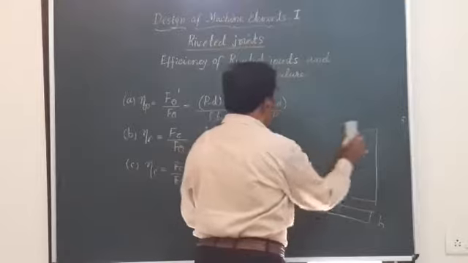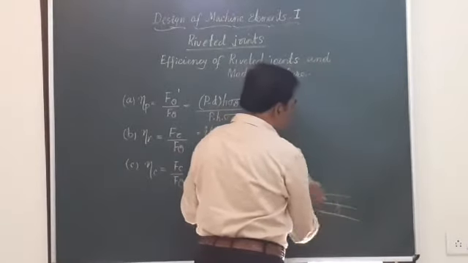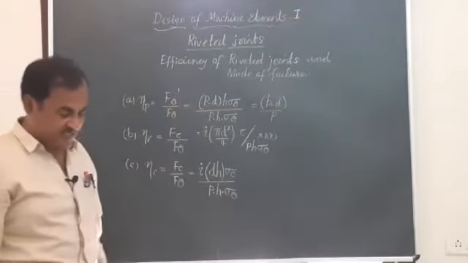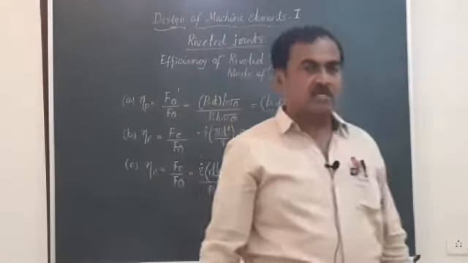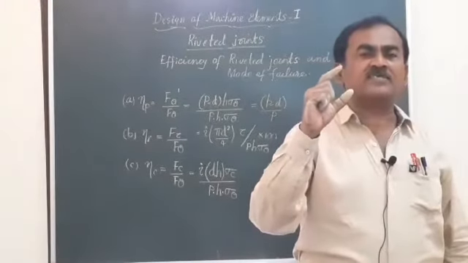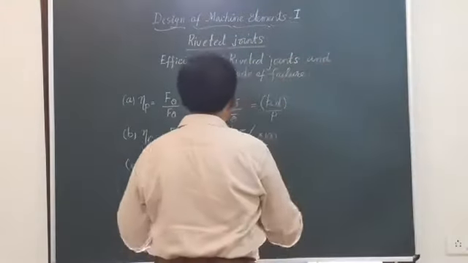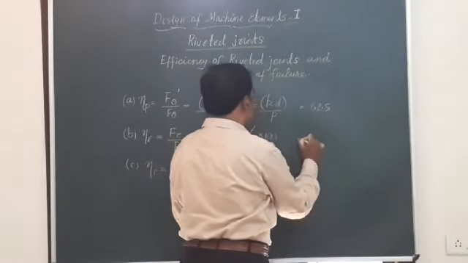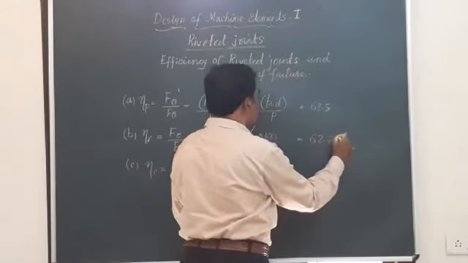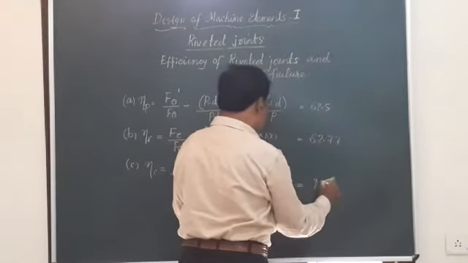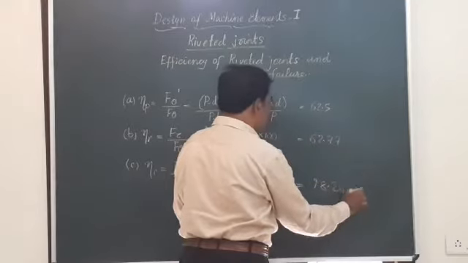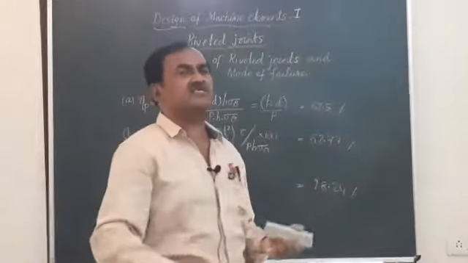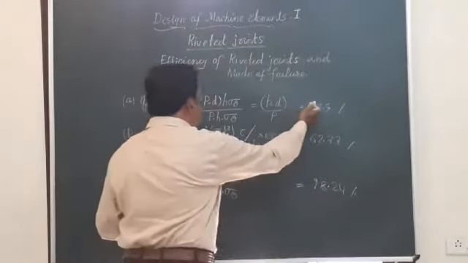So friends, in any of these riveted joints, lap joints or butt joints, we are going to find out all these three efficiencies, and the least of the three efficiencies. For example, in a joint like this, if you have got 62.5, 62.77 and 98.24, say these are the three efficiencies we have got, and the overall efficiency of the joint is the least of these three values.